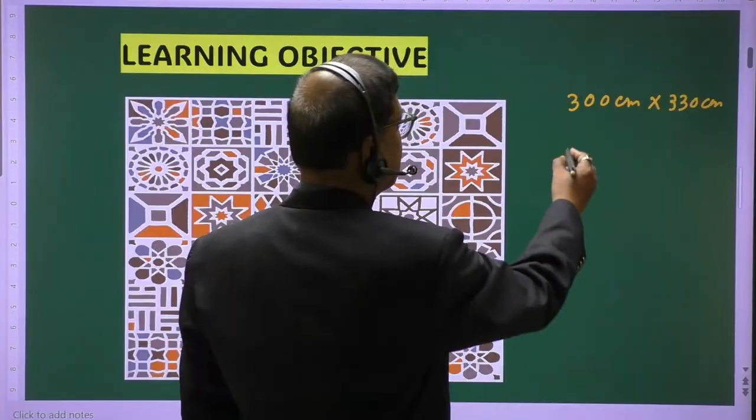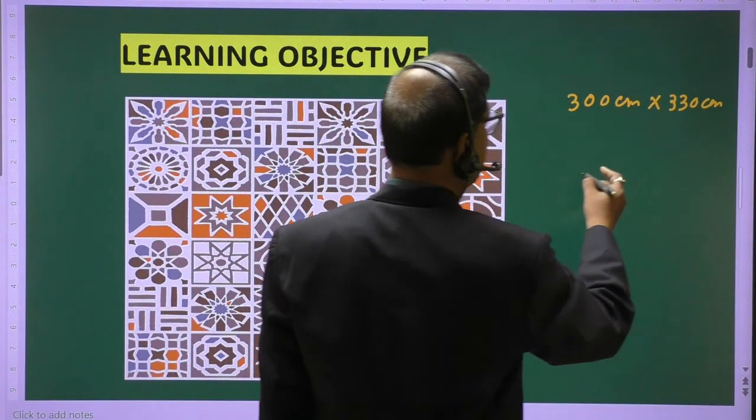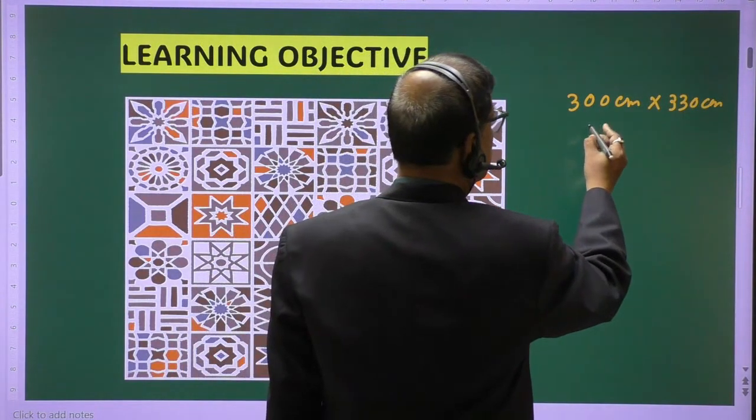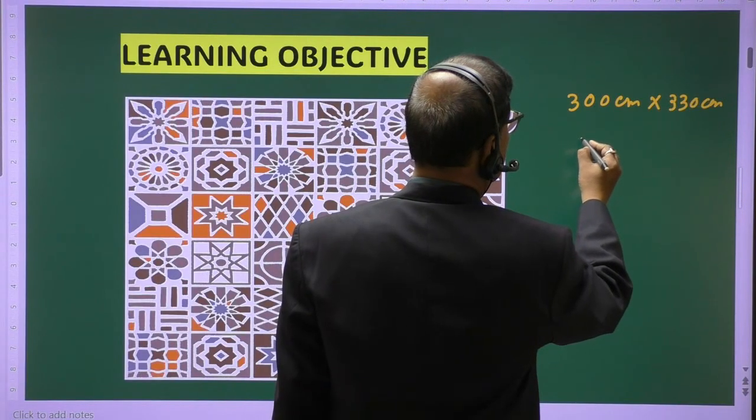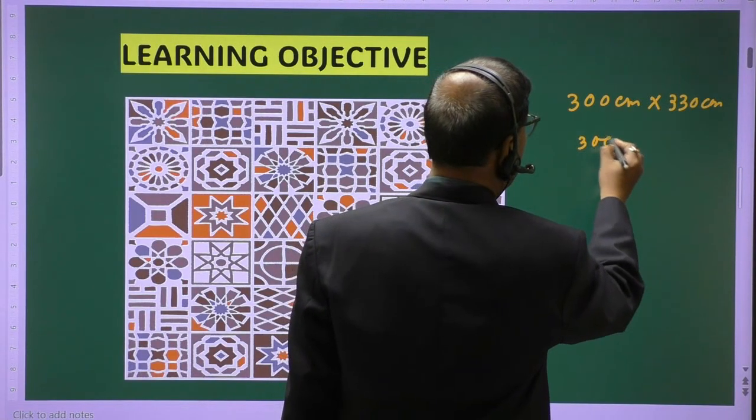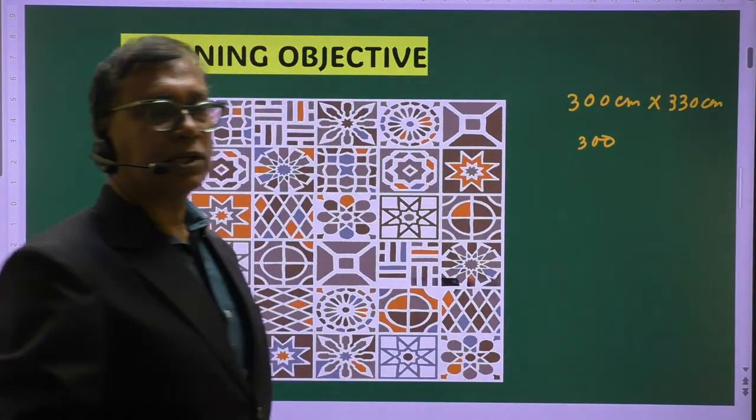Say, what is the HCF of 300 and 330? 300 means by which number it is divisible.